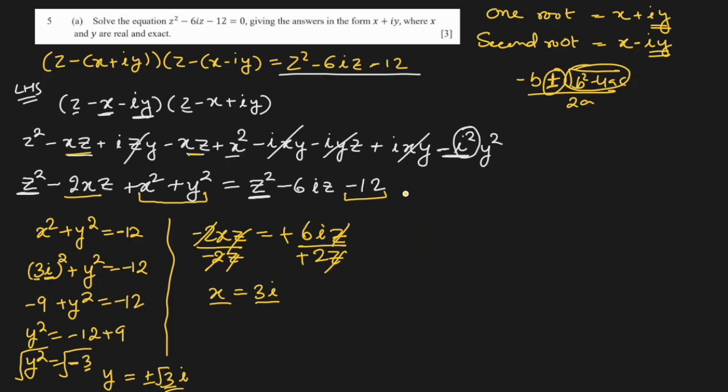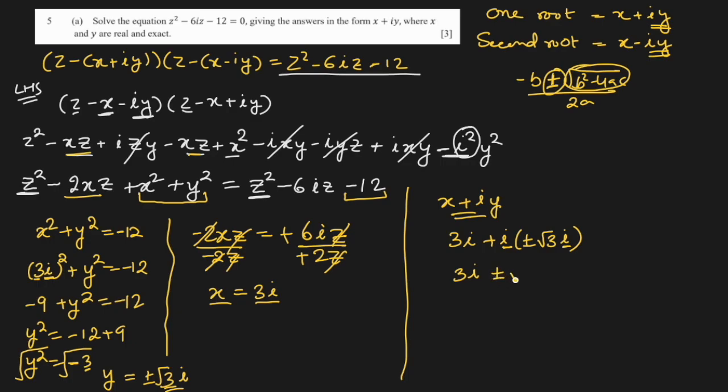So now we will put here x plus iy. This was the format we needed, right? X came out to be 3i. Iy will be i times plus and minus square root 3i. So we get 3i, and this i will give us negative, so again positive negative square root 3.